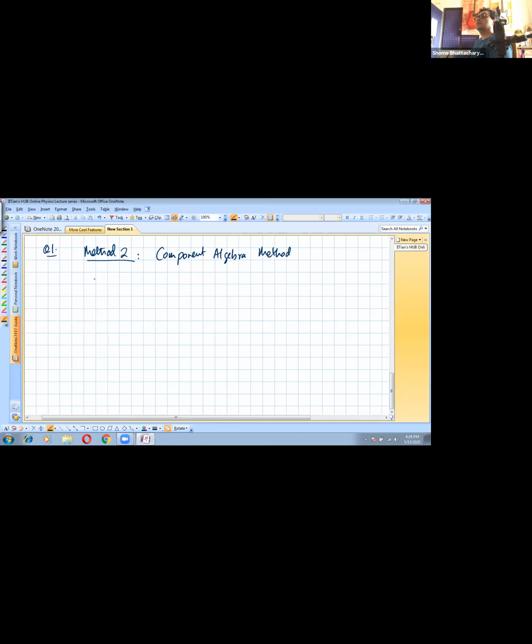So in that, assume our x-axis is along the vector E. In that case, our E automatically becomes 10 I cap, because that is how we placed our x-axis.